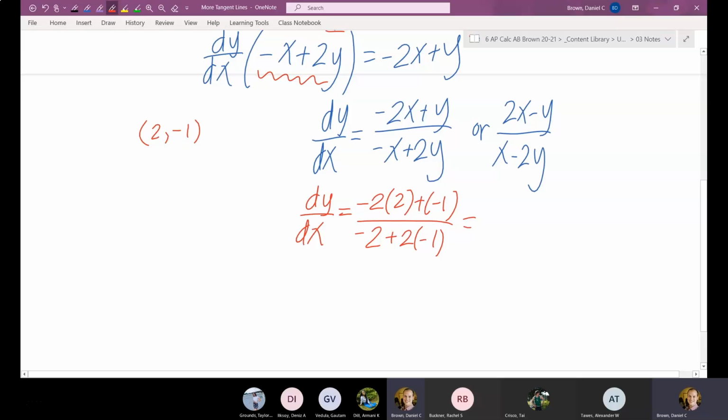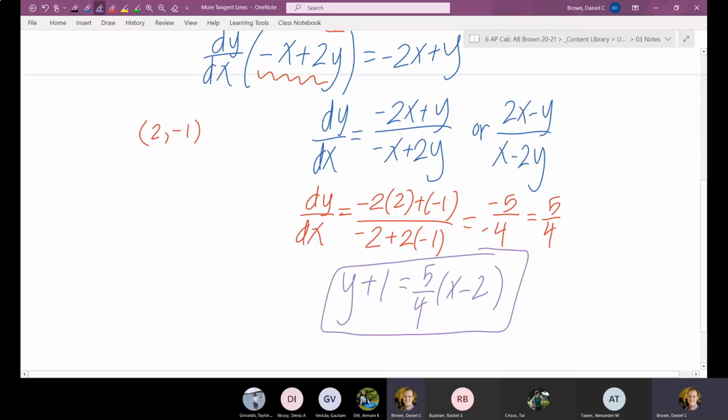Cleaning this up a bit, that's going to be negative 4 minus 1, negative 5, over negative 4, which is the same thing as 5/4. So then for the final answer, I have y minus the y coordinate is equal to the slope times x minus the x coordinate. And that would be the tangent line for that problem.